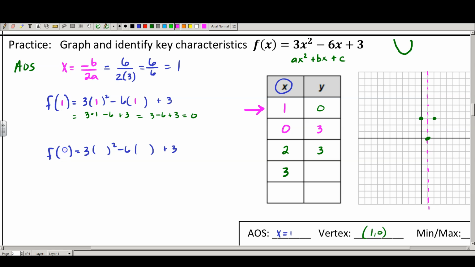On the right-hand side, I'm going to use my order of operations to get 3 times 9 minus 18 plus 3. So this is 27 minus 18 plus 3. So that's going to give me 12 total. Okay, so 27 minus 18 is 9, plus 3, 12. So 3 goes to 12.